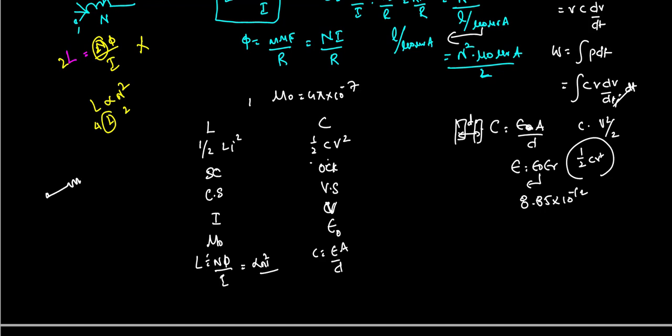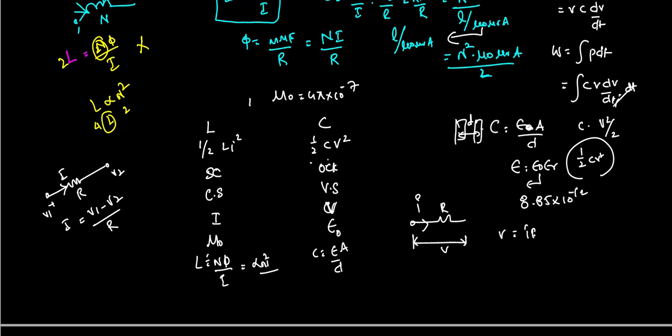Suppose I have a resistance, with voltage V1 here and voltage V2 here. Then current I equals V1 minus V2 by R. This is the Ohm's law relation: V equals I R, so the total voltage V1 minus V2 equals I R. If the current through the resistance is zero, then V1 equals V2.